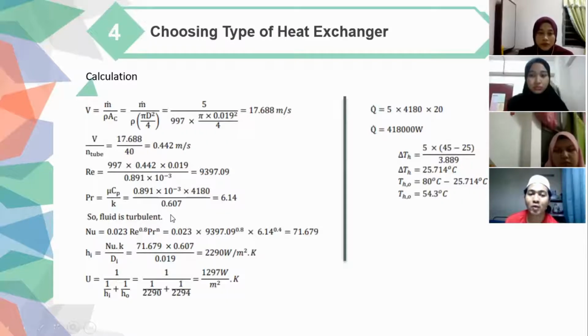After that, we have to calculate the h_i and also the U for the heat exchanger. Our h_i is 2290 W/m²K, and the U is 1297 W/m²K. And our rate for the heat exchanger is 418,000 W. From this, we can find the theta T LM.